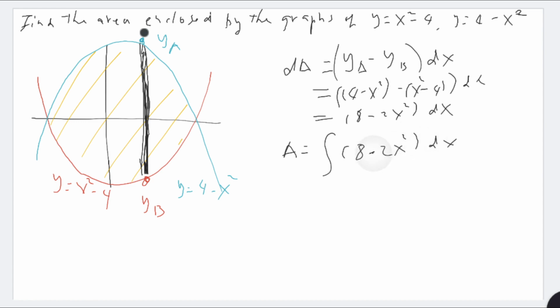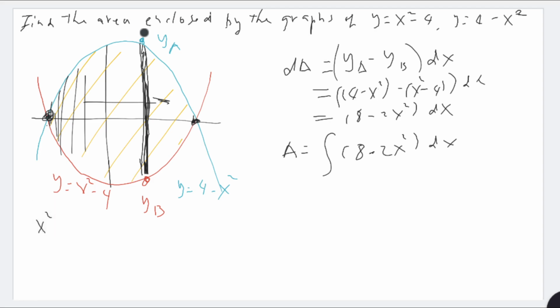Now, from where to where? Well, it's not given, but we can tell from the graph. It's going to go from this value to this value, because this is where we're going to pick up our first strip, second strip, and move across and stop here. So we need to find the intersection of those two graphs. That's simple algebraically.